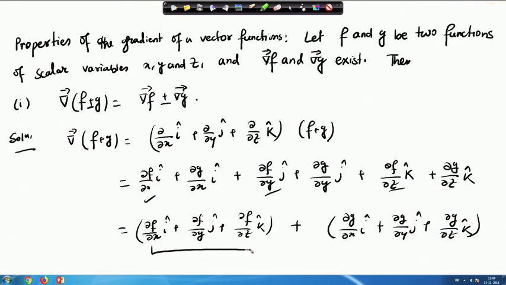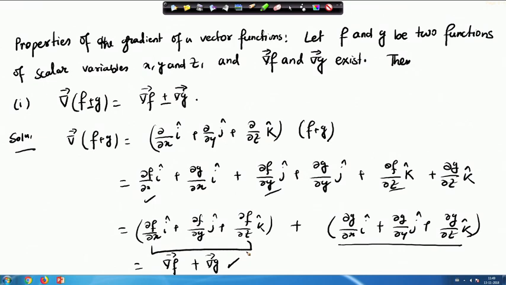So, now this is basically our gradient of f. That is how we defined the gradient of f. So, I can write this as gradient of f plus this one, which is my gradient of g, and this is the required result. So, the gradient of the sum is equal to the sum of the gradients. Similarly, we can prove the gradient of the difference is equal to the difference of the gradients.